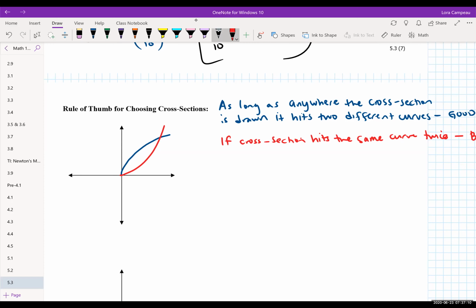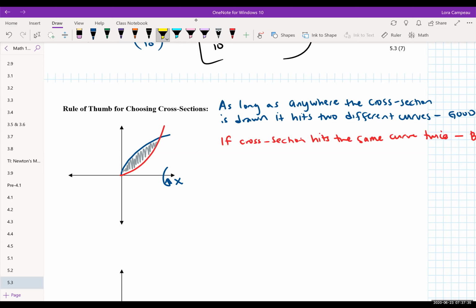And sometimes it matters to understand what region is being rotated, because it could change. But let's say we want to rotate about the x-axis. That's my symbol for rotating.